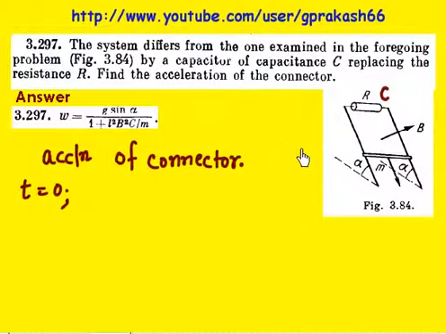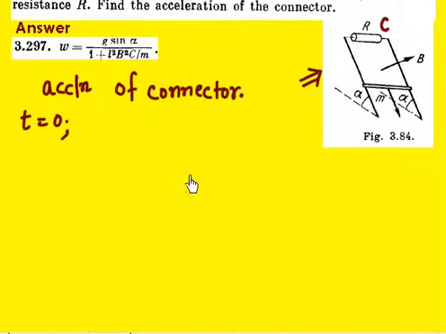So let me draw the diagram. If I look at the same thing from this side, it will be easier. So you will see this is the inclined plane, and this is the horizontal line. And here you have the connector.